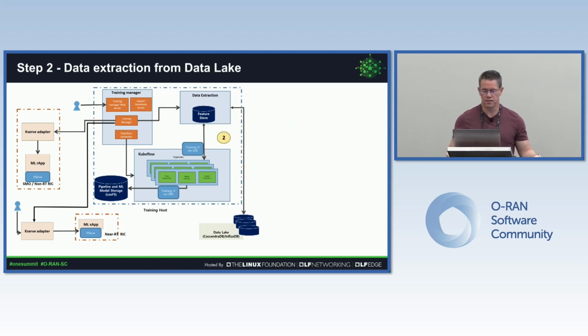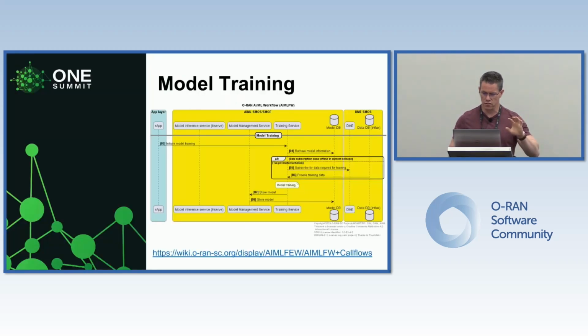The next step is something that happens behind the scenes. It's going to start extracting the information from the data lake. As mentioned before, in this case we are using InfluxDB. And that's the first step, just registering the model.